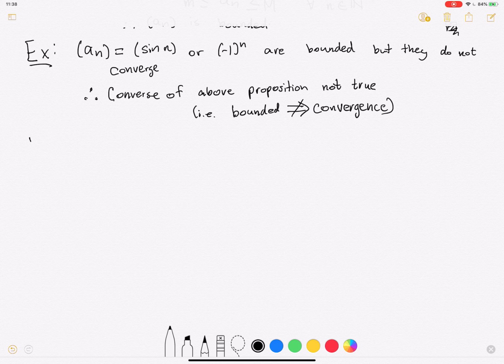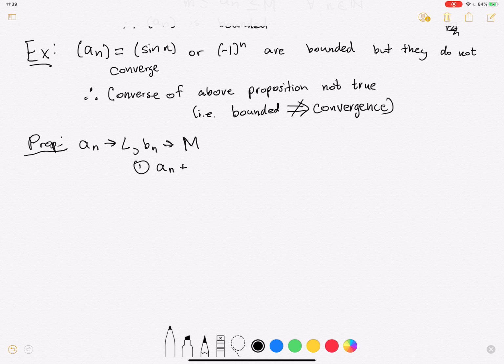So let's look at another application of this in a proof. Suppose a_n goes to L and b_n goes to m. The following properties hold true.